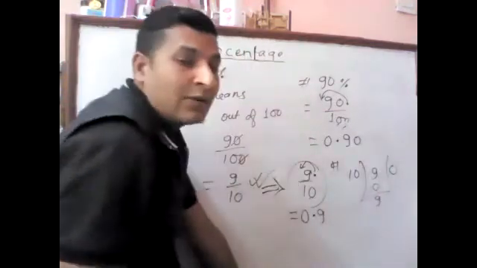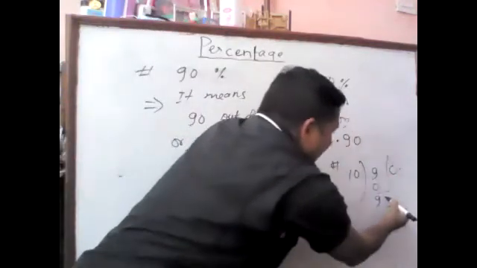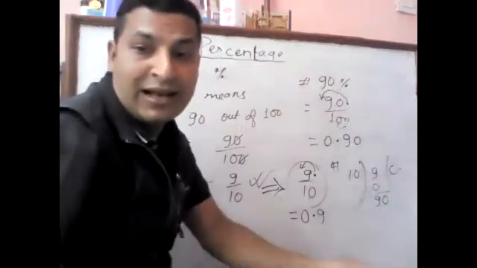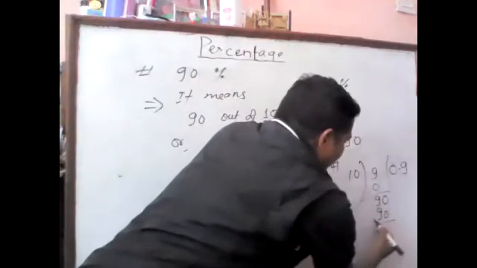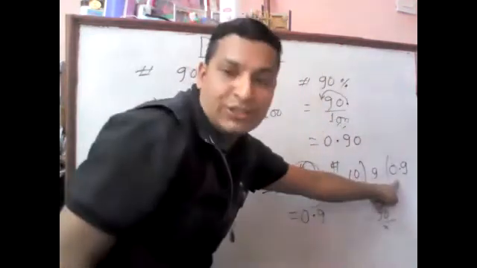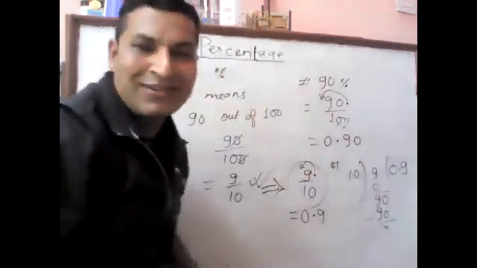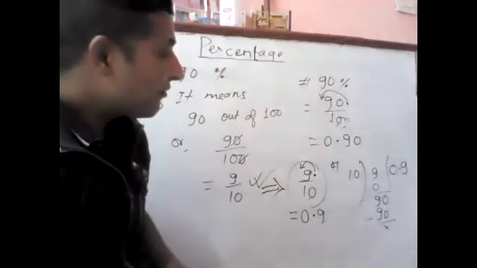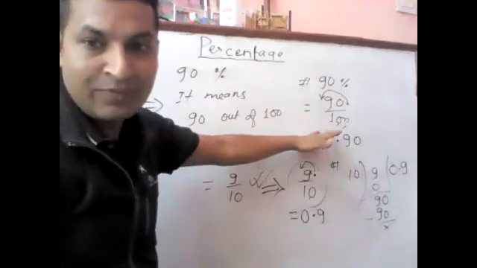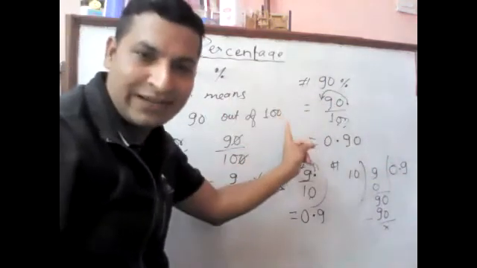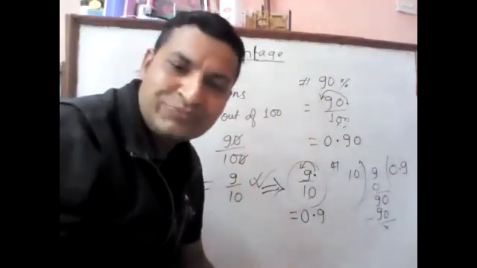Now we put the decimal and add 0 here: 10 9s are 90. Like this we convert into decimal. Rather than dividing, we can directly write using this idea: decimal goes left. Thank you.